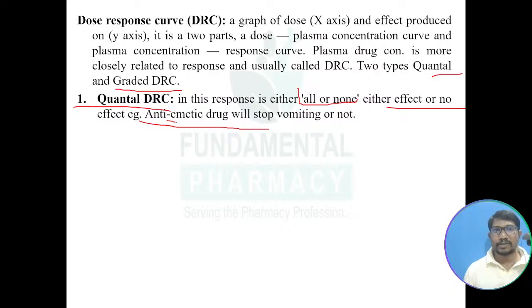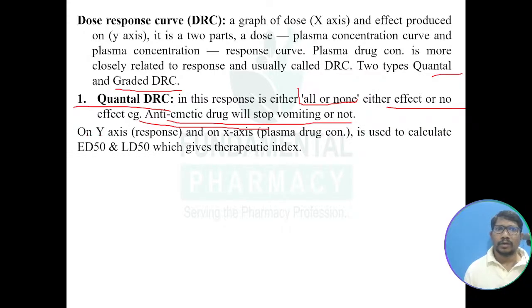Such a type of response curve is known as a quantal drug response curve, meaning either all or none. A question has come on this in GPAT. If the anti-emetic drug stops vomiting, there is an effect; if not, there is none. So it is either yes or no.